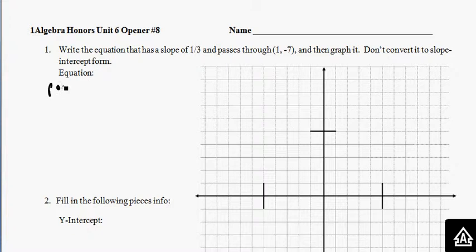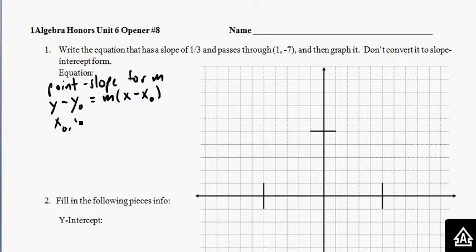Now, point-slope form looks like this: y minus y sub 0 equals m times x minus x sub 0, where x sub 0, y sub 0 are the coordinates of any point on the line.